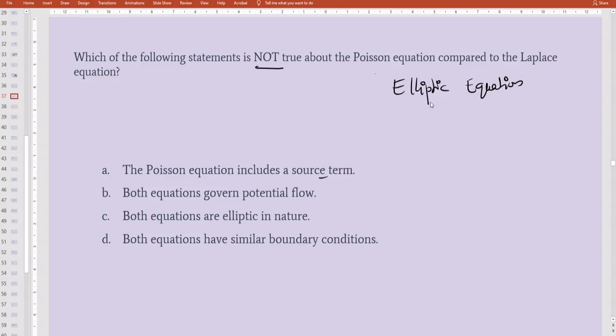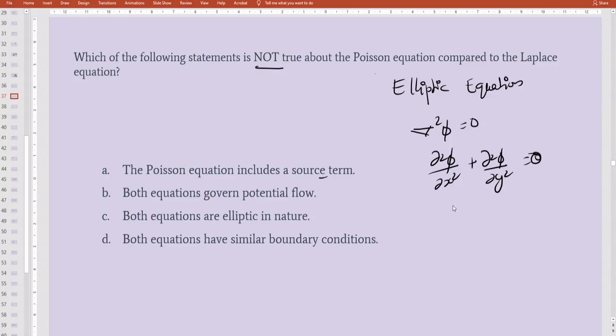The Laplace equation, we already saw, is del square phi equal to 0, or dou square phi by dou x square plus dou square phi by dou y square is equal to 0. Such an equation is called the Laplace equation.